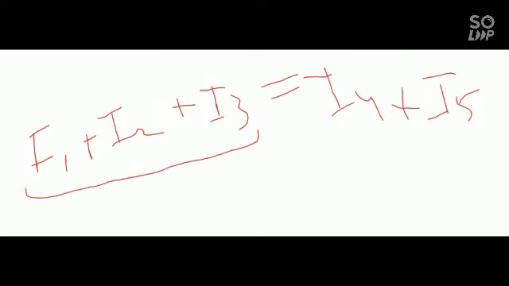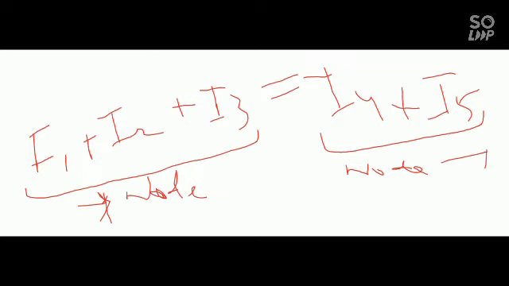I1, I2, and I3 are the incoming currents towards the node, but I4 and I5 are away from the node. So the algebraic sum is zero, and incoming currents equal outgoing currents. This is the basis of KCL.